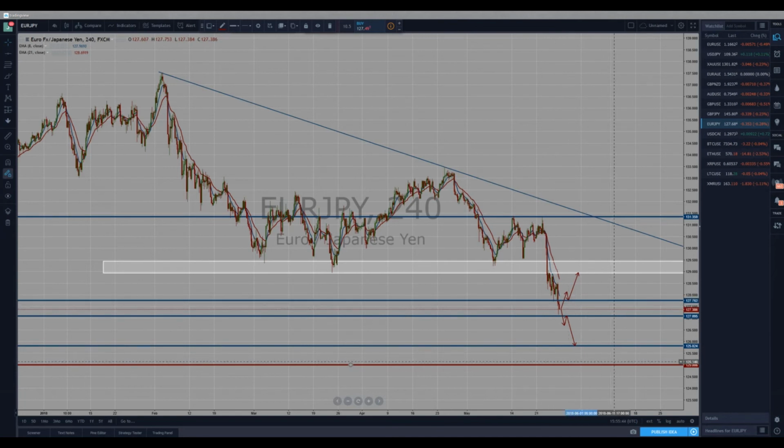Right, we have a few levels where price could reverse. Right now it's really bearish. There's really no reason to buy. We could see some sort of retest of this zone before continuing its bearish tendencies, but I'm not buying or selling EJ this week. I'm just kind of watching it because there was a lot of bearish movement last week.